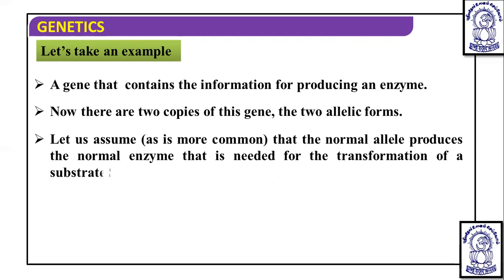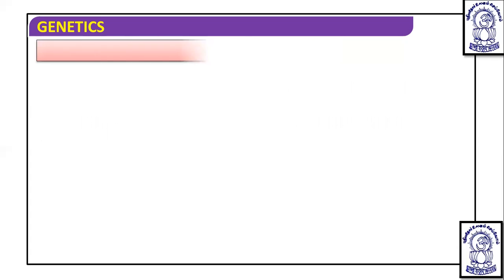If we assume, as is more common, that the normal allele produces the normal enzyme, a proteinaceous enzyme, it has the information for transformation of a particular substrate to product. So the normal allele is producing a normal enzyme, but the abnormal, modified allele is not able to produce a normal enzyme, or it can produce a normal enzyme as well.